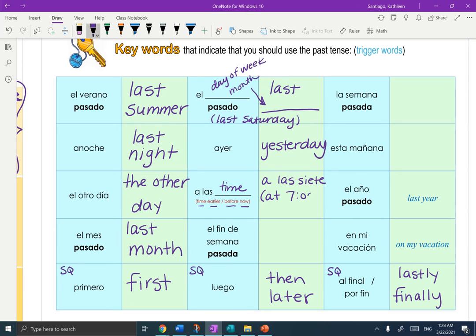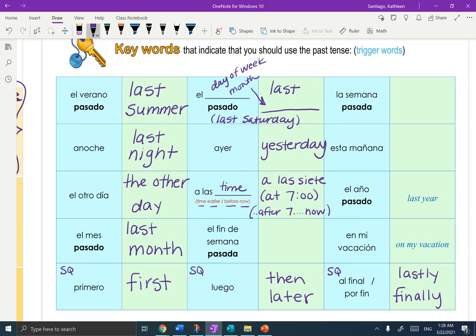But now it has to be after 7 for it to be a trigger. I don't know if that makes sense. So if we were at school and it was lunchtime, I could say A las 8 yo llegué, right? So at 7 a.m. I arrived. And I know you're talking about 7 that happened in the morning.